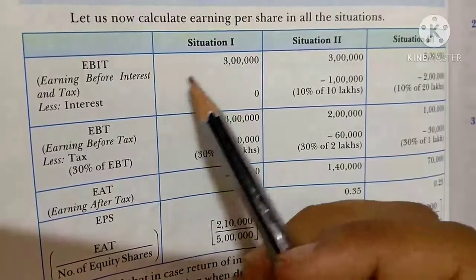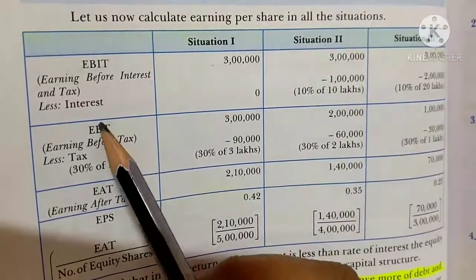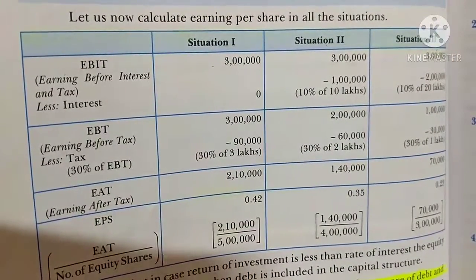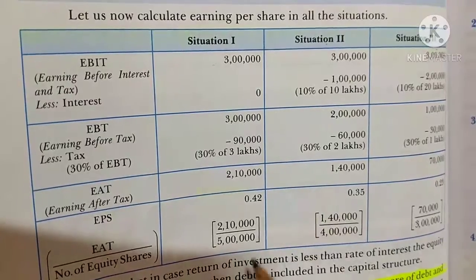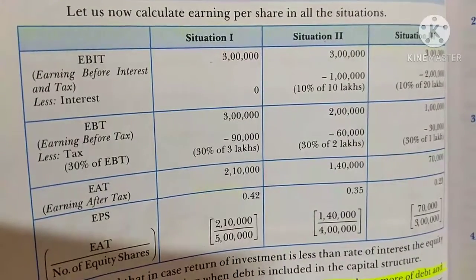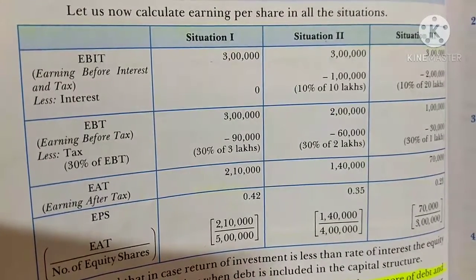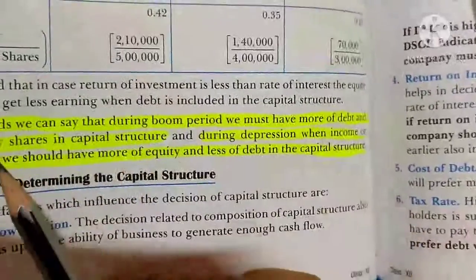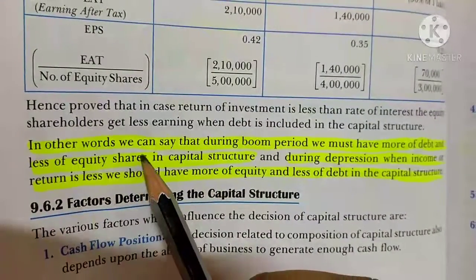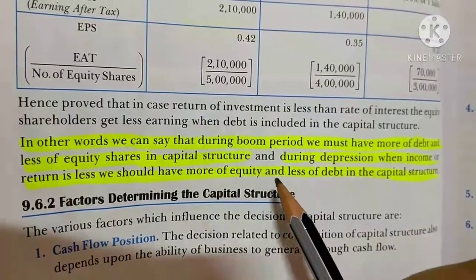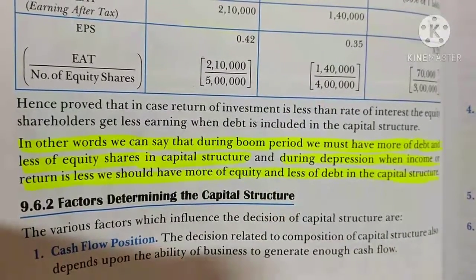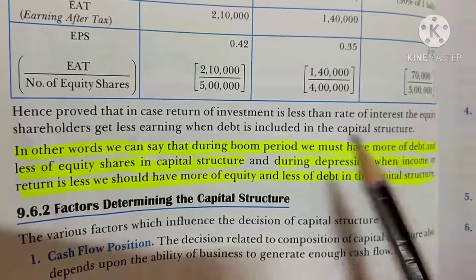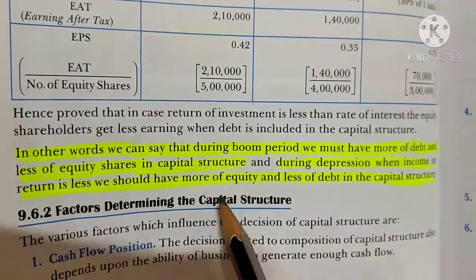Okay, situation 1, situation 2, situation 3, when the rate of return is less than the interest rate, then we will be in loss. So in that case, if more debt will be there, what will happen? More loss will be there. So in other words, during the boom period, when the market is high, we must have more debt and less equity shares in the capital structure.